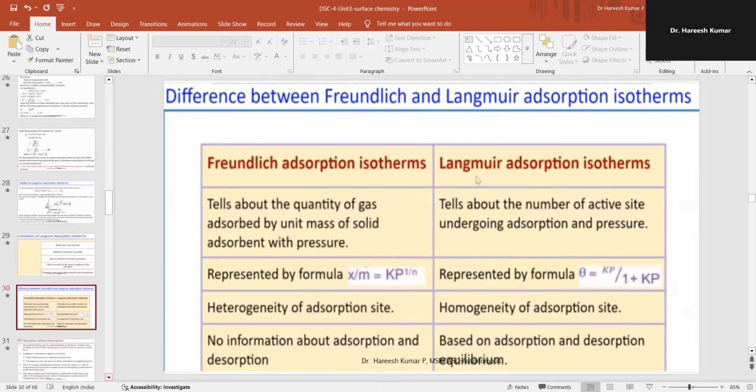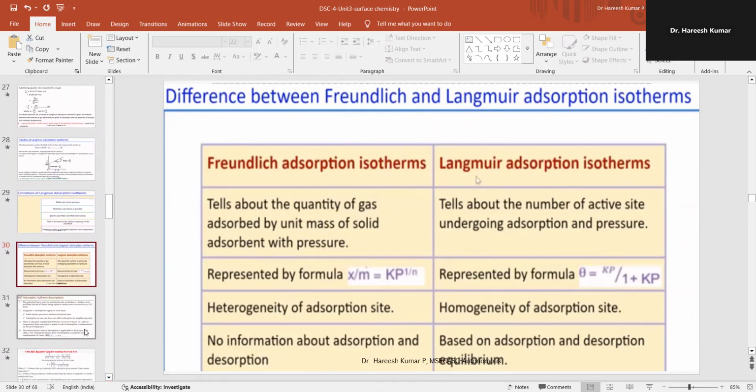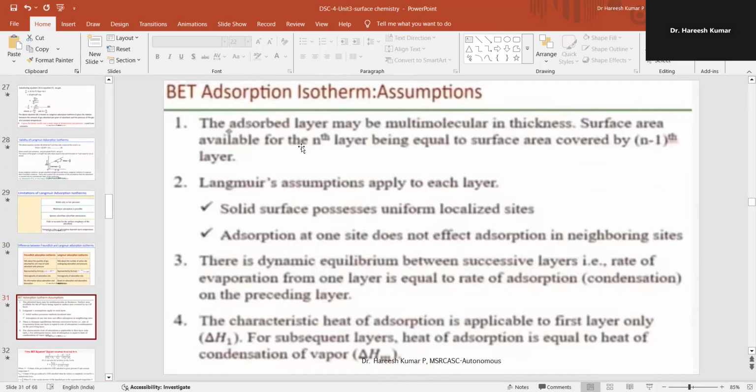So with this, let's move to one more adsorption isotherm, called the BET adsorption isotherm. Looking at the assumptions: the adsorbed layer may be multilayer in thickness, since the area available for the nth layer is equal to the surface covered by the (n-1)th layer. That means the areas of the nth and (n-1)th layers are identical. Langmuir assumptions apply to each layer.